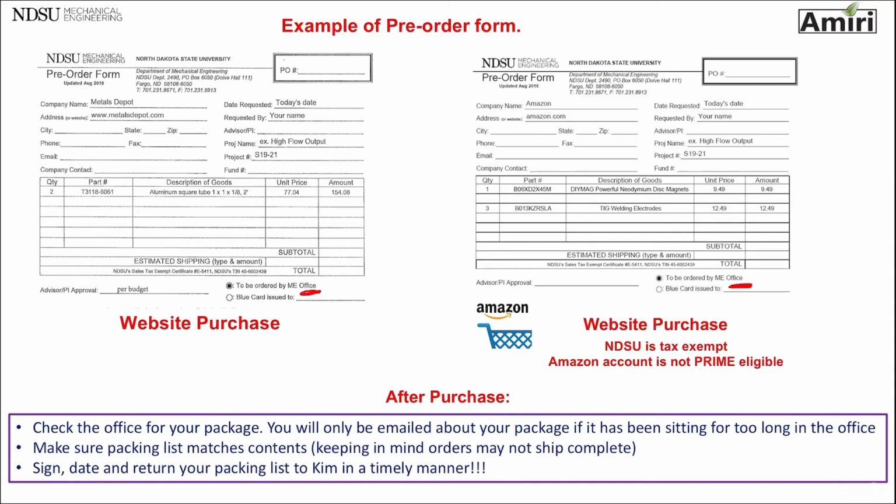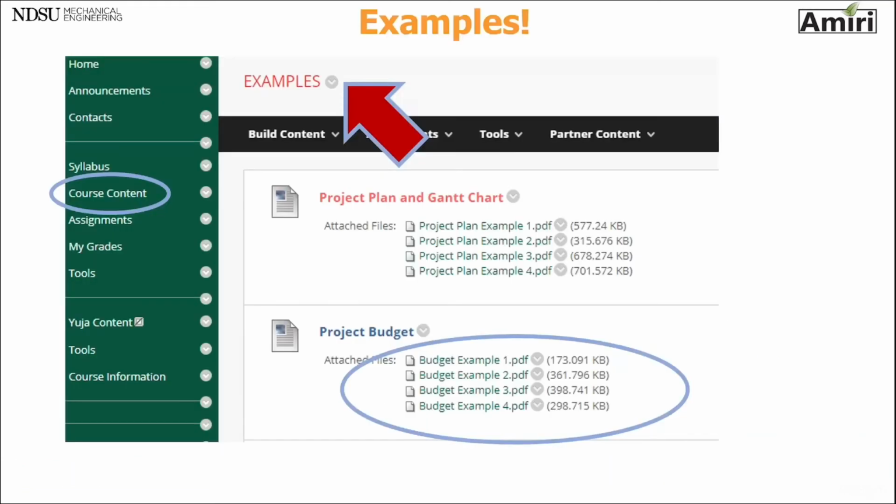There are so many teams ordering similar material, so don't just assume that this is yours and pick it up. Make sure to check your packing slip, make sure that's yours, but also if it is yours, make sure that you received all the items. Sometimes orders will ship separately. Sign, date, and return your packing slip to Kim Carlson in a timely manner. That needs to go back with the financial records and your pre-order form.